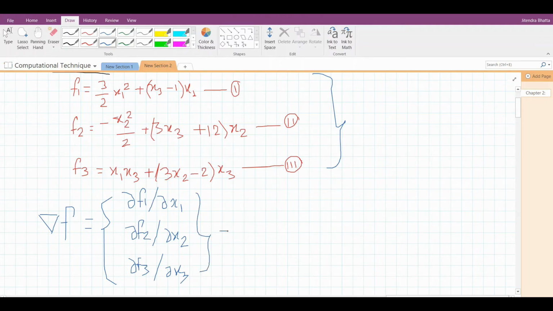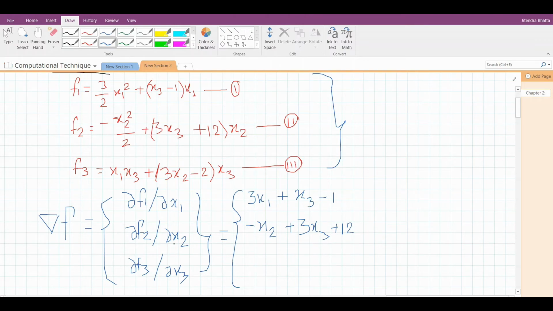Now this will be equal to, if we do a derivative here, 3x1 plus x3 minus 1. This one will be equal to minus x2 plus 3x3 plus 12.